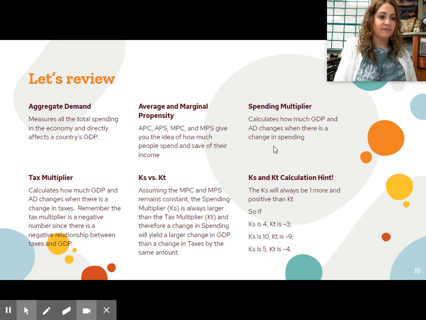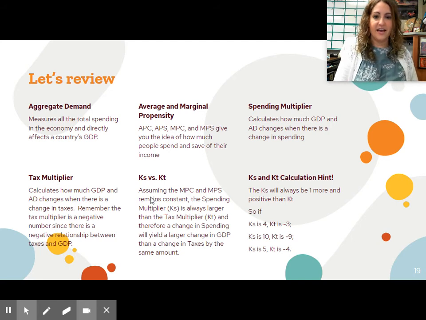The spending multiplier calculates how much GDP and aggregate demand changes when there's a change of spending. And the tax multiplier calculates how much GDP and AD changes when there's a change in taxes. Remember that the tax multiplier is a negative number since there is a negative relationship between taxes and GDP.